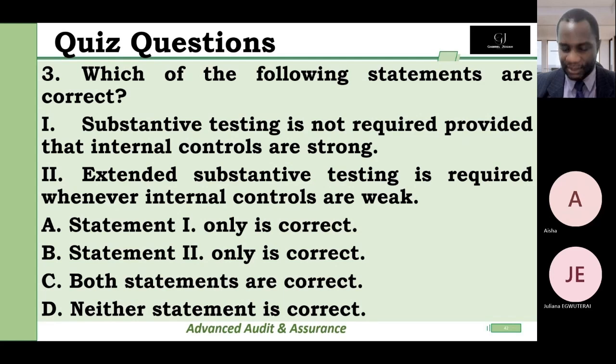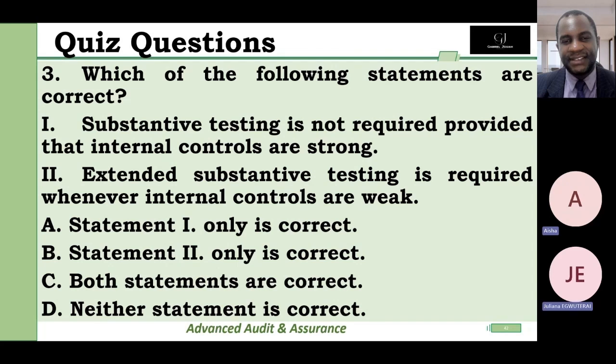Did you see the answer? The answer is not A, and the answer is not C. You say both statements are correct, so number 1 is not correct. The answer is B: you only do extensive substantive testing. Substantive testing is not required provided that internal controls are strong? It does not matter whether it's strong or not. Substantive testing is still required to check the balances.